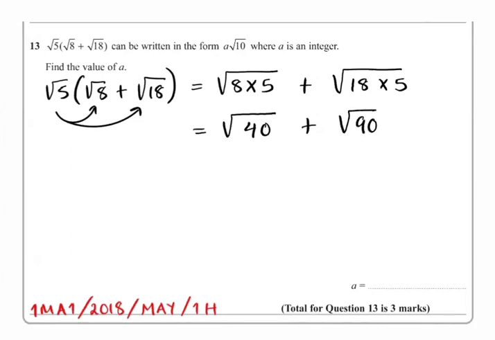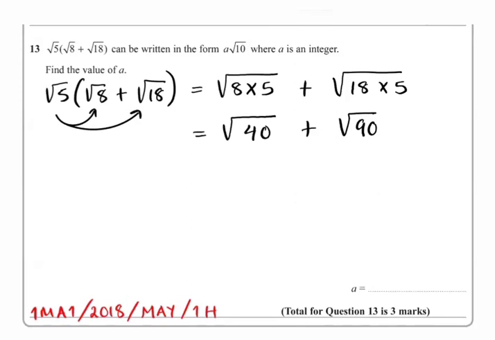Now, we cannot really add these two because they are not like terms as it is, but we're going to simplify root 40 as well as root 90 to their simplest forms, but in terms of root 10. We have to remember the format of the final solution. Our answer must have a root 10. Our root must be root 10.